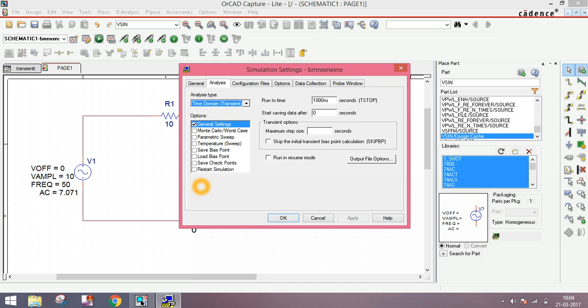Time period is equal to 1 by f, 1 by frequency. We know frequency is 50 hertz, so 1 by 50 is 0.02 second. Apply, skip the initial condition, apply, okay.